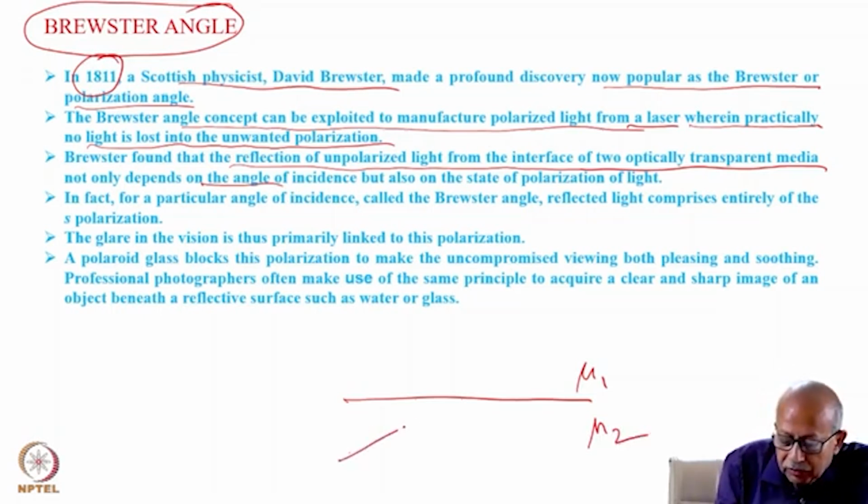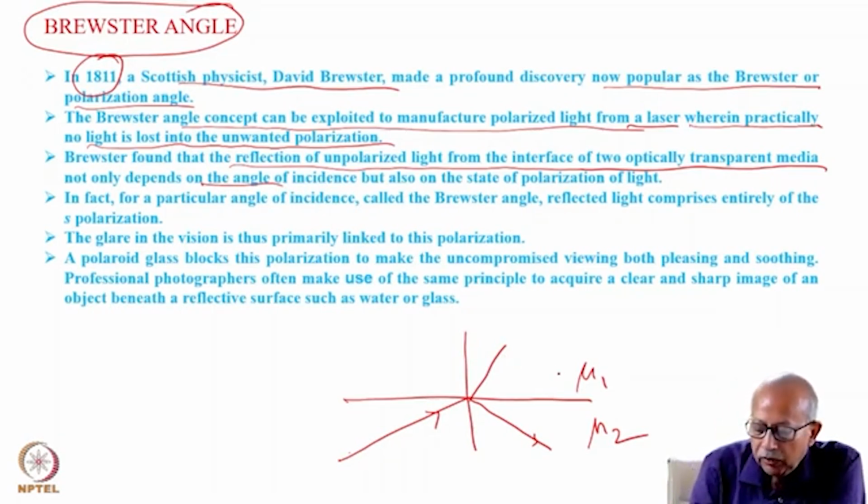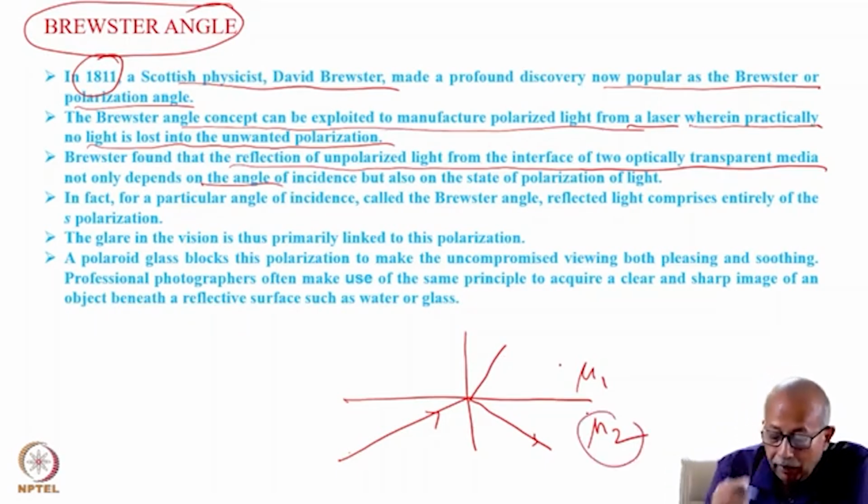When light shines on such a surface, you know that a part of light is reflected and the rest is refracted into the second medium. Whether it will bend towards the normal or away from the normal would depend on whether it is a denser medium or a rarer medium with respect to the incident medium. We also know that the reflection of light depends on the angle of incidence.